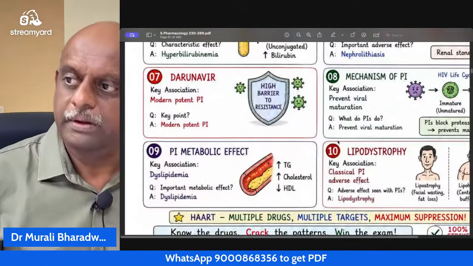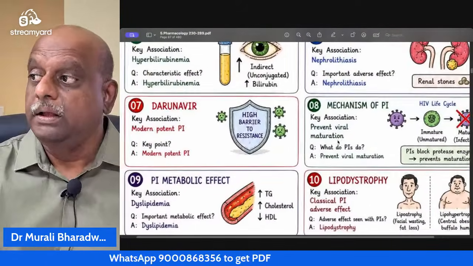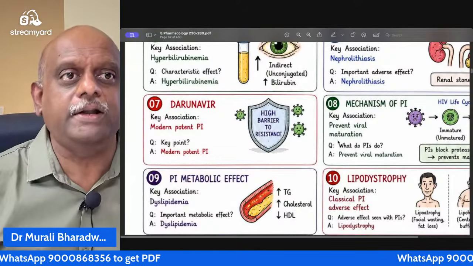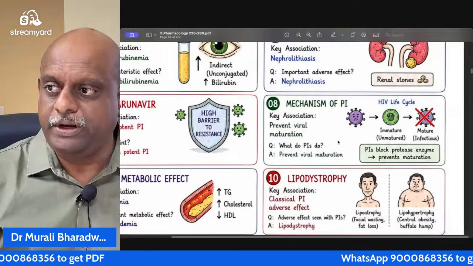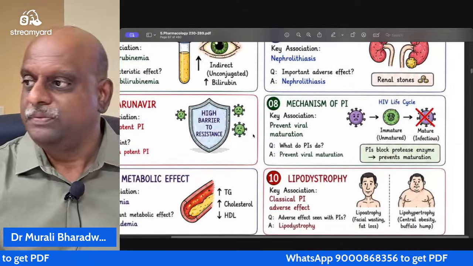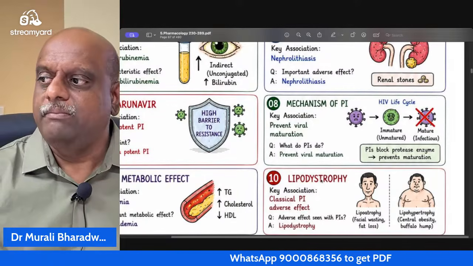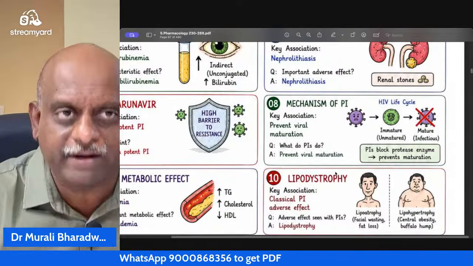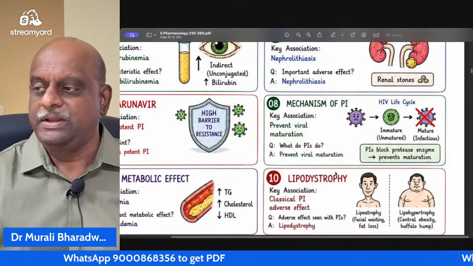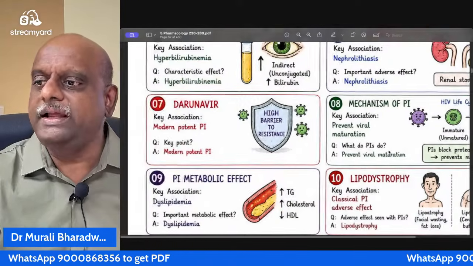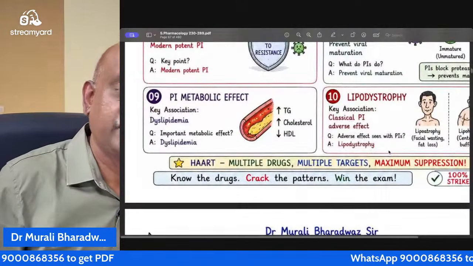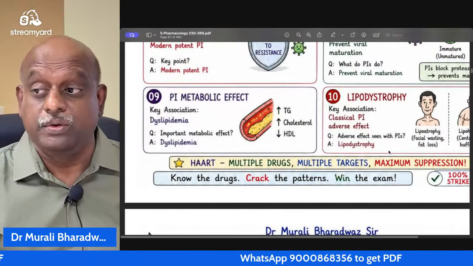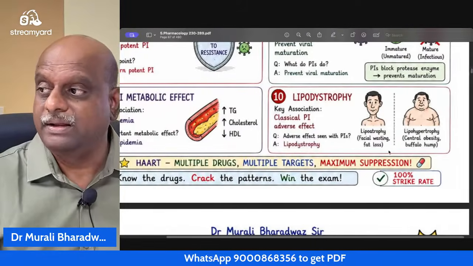Darunavir is a potent protease inhibitor, very potent. And basically, protease inhibitors, what is their main mechanism, doctor? They prevent the maturation of the virus and cause the release of immature virus. Protease inhibitors are also notorious for leading to dyslipidemia.